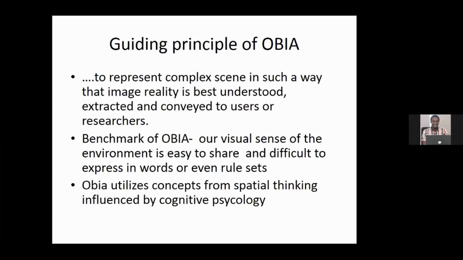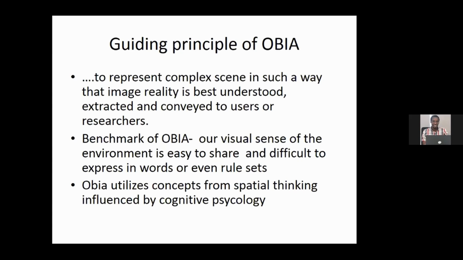If I just gave you a picture, you can look at it and have this shared sense. But it's very difficult for us to express them in words, or rules, or in a computer environment, and interpret them just like how we interpret them in our heads or our senses.